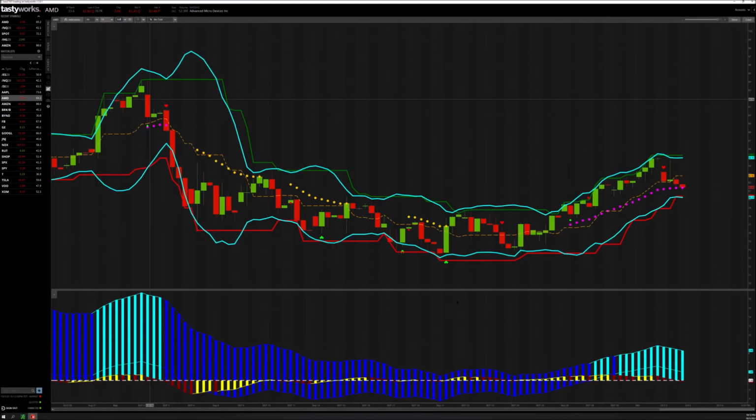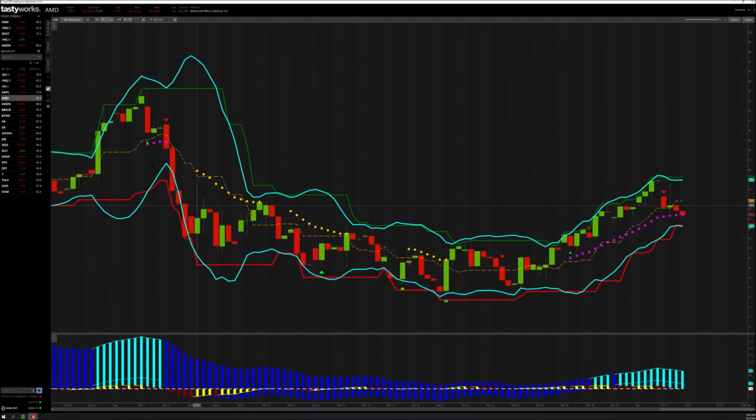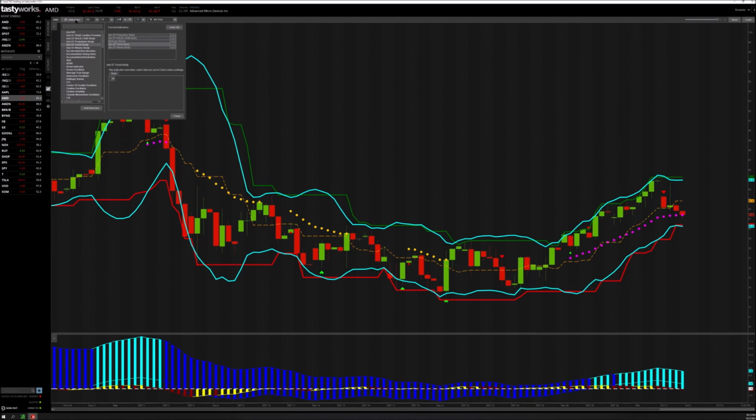This is Tastyworks, and this is his indicator here. If you want his indicator for free, you can open an account with Tastyworks and it's free. This is John Carter's indicator. I don't know the formula, I cannot access the formula on these indicators.